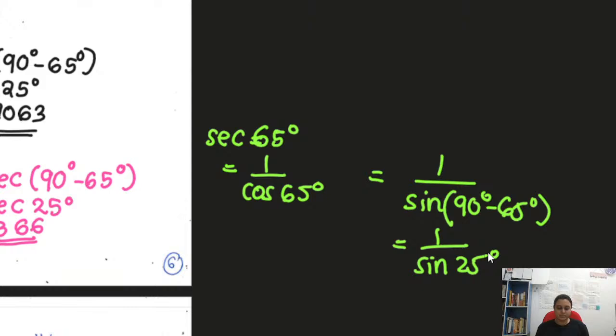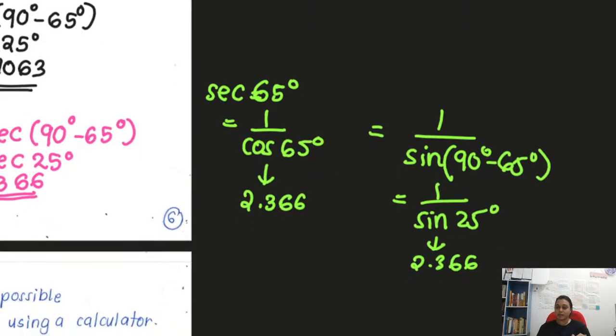Sama tak dengan 1 bahagi sine 25. Yang ni teacher dapat 2.366. This one also teacher dapat 2.366. So betul lah your jawapan.